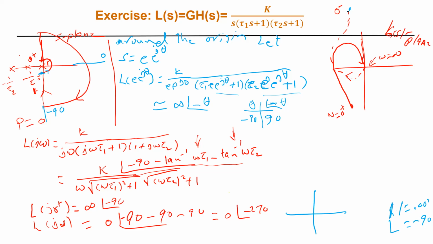Now I am moving. I'm keeping the same magnitude, but I'm changing the angle. So if the angle will be minus 45, it means that I reach this point here in the middle. The angle in here will be 45. And where do you locate the 45? It's again the magnitude infinity. But which quadrant?